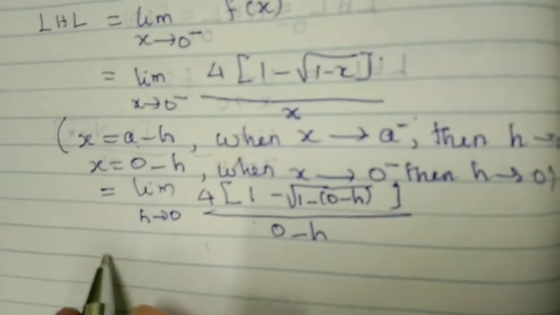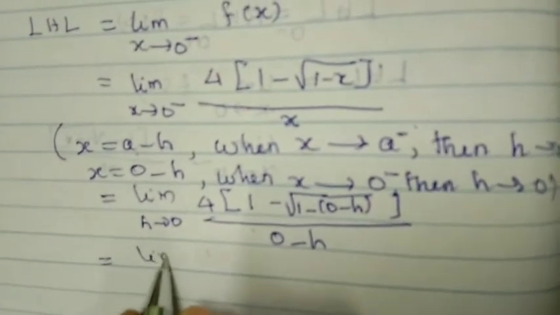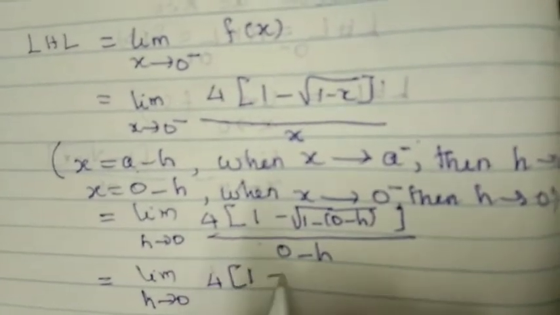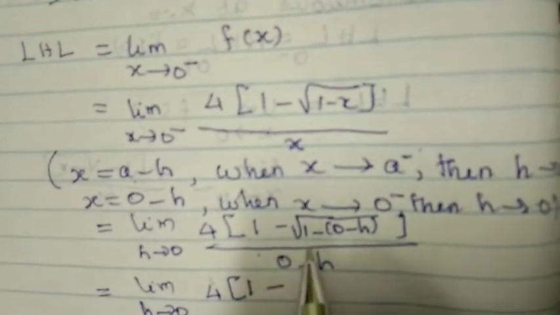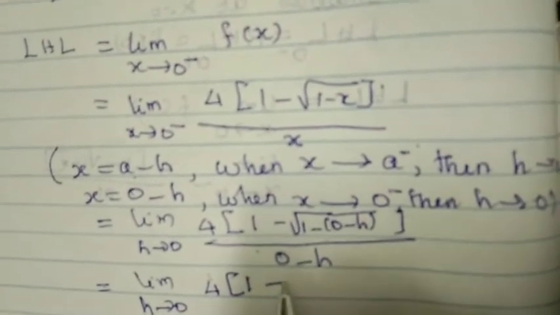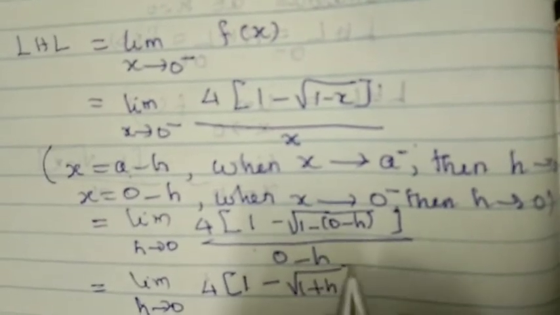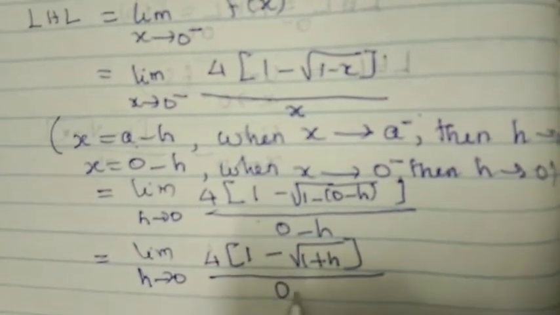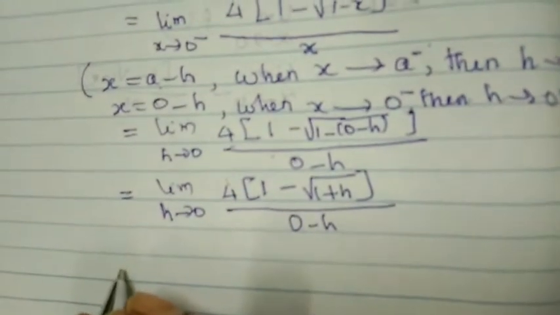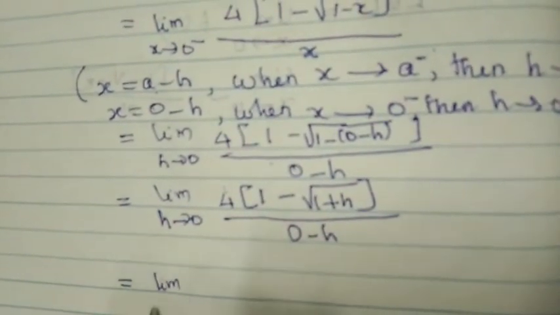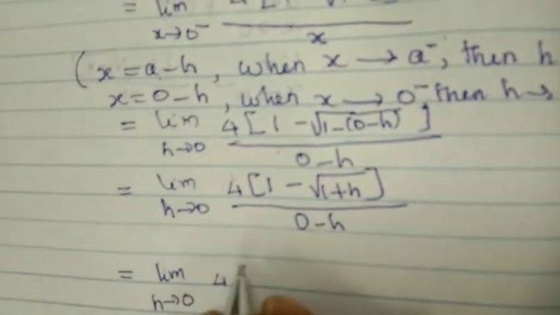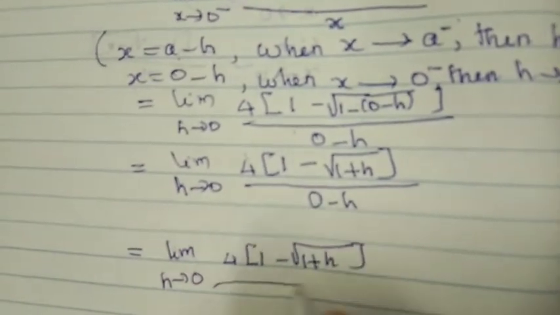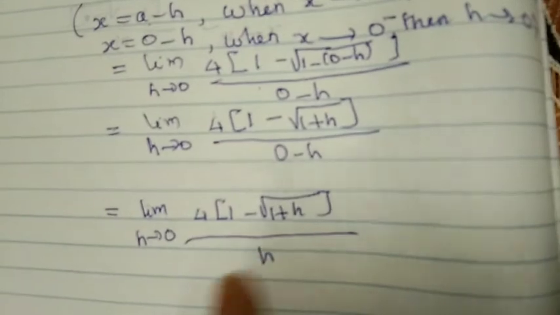Next we want to simplify. Limit h tends to 0, 4 into (1 minus root of 1 minus (minus h)), so this becomes 1 plus h, by 0 minus h, which means minus h. So limit h tends to 0, 4 into (1 minus root of 1 plus h) by minus h.